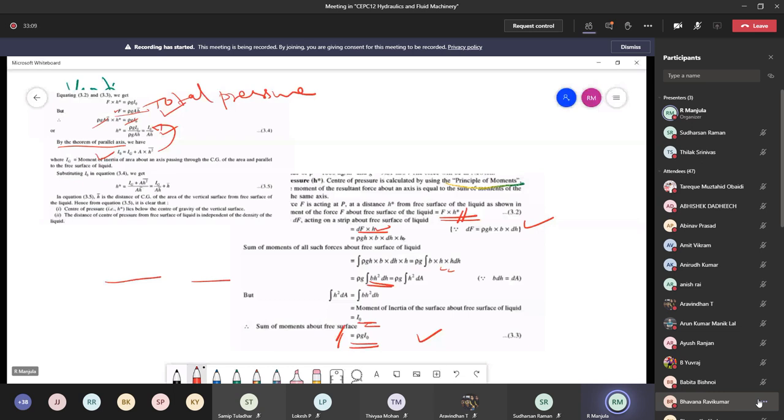h star is equal to Ig divided by A into h bar plus h bar. Here h bar is the center of gravity, and h star is going to be your center of pressure.